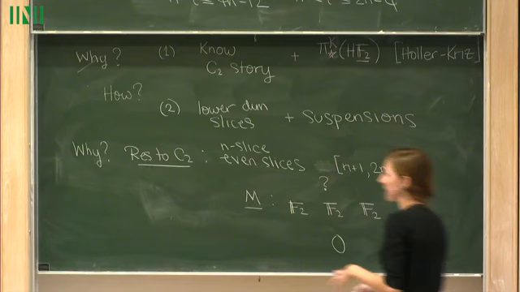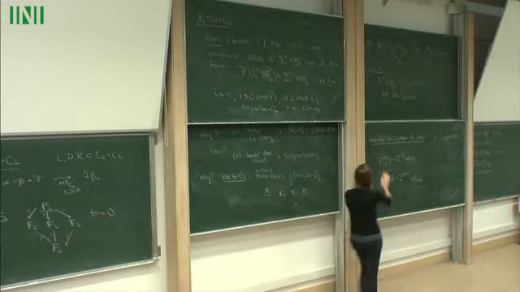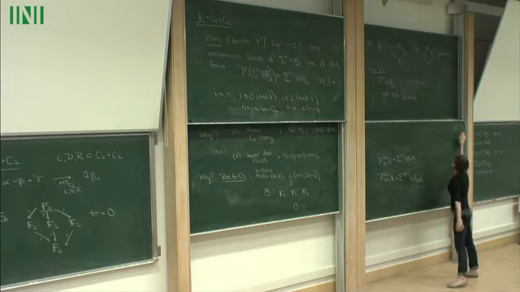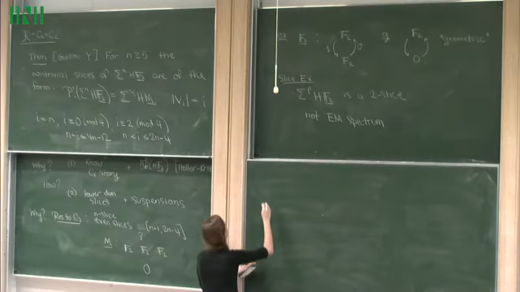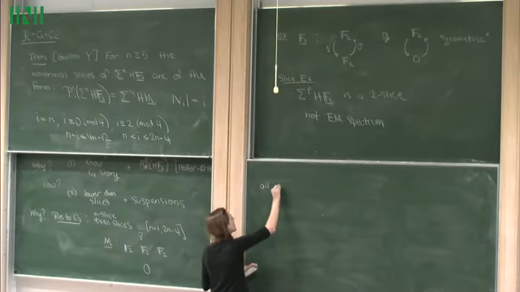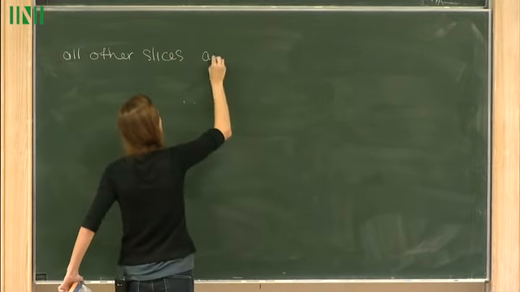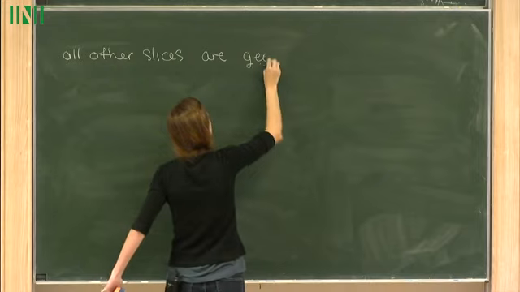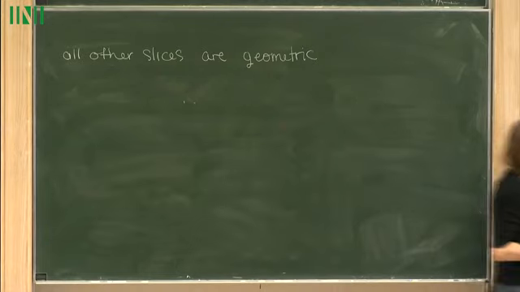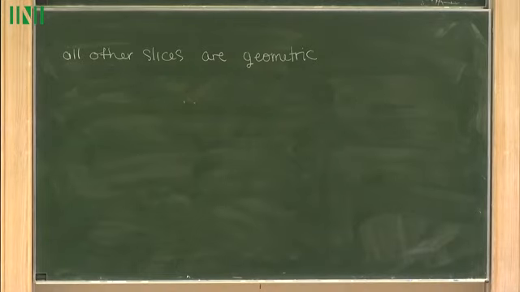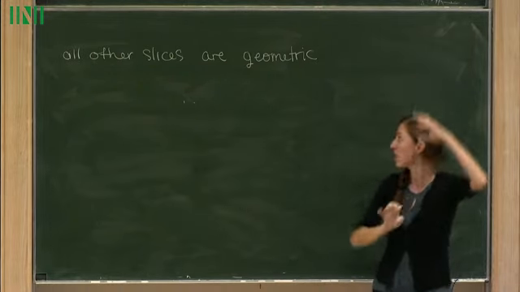So what does that tell us? It tells us that our other slices are geometric. Remember, I was saying geometric is what we use to talk about things that have only the whole group fixed point information and nothing below it.